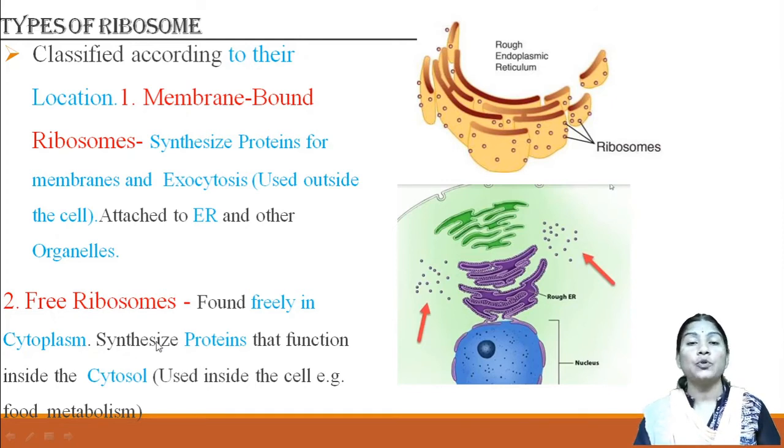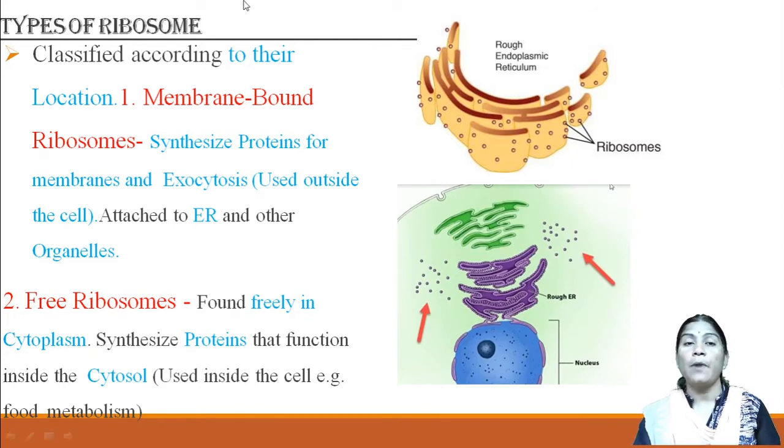These free ribosomes synthesize the proteins which function always inside the cytosol. Means they are used inside the cell. For example, metabolism of some food particles. So these are the two types of ribosomes, the membrane bound ribosomes and the free ribosomes.